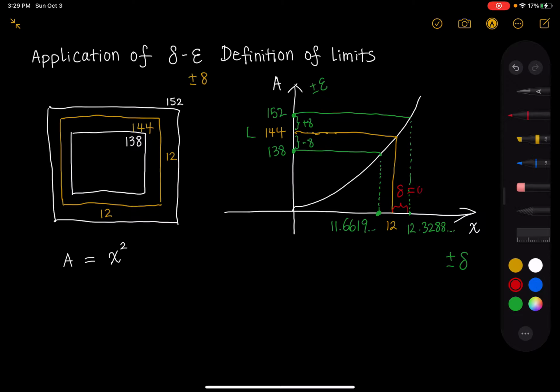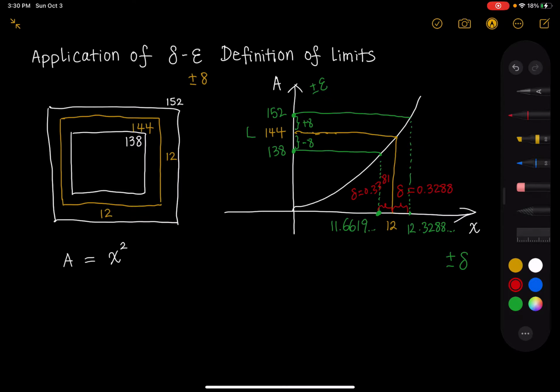My delta will be 0.3288. And on the other side, what is the difference between 12 and 11.6619? It will be 0.3381.